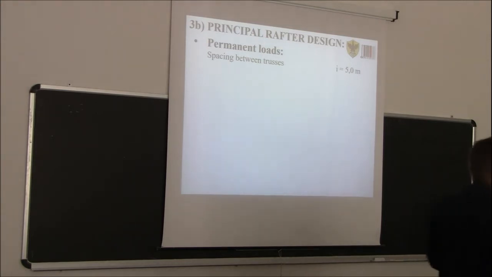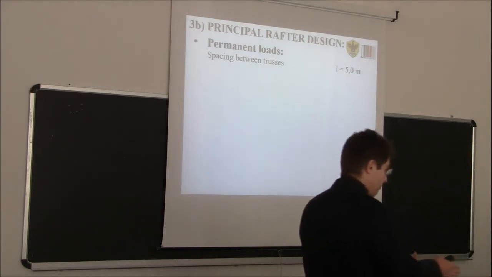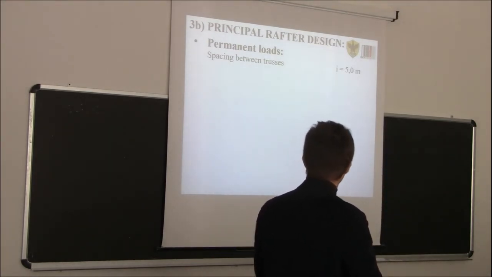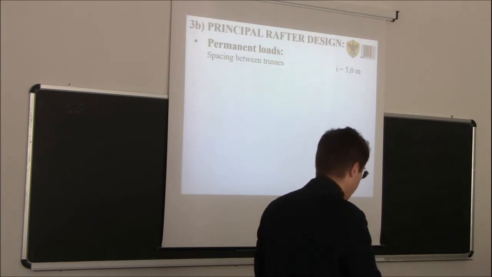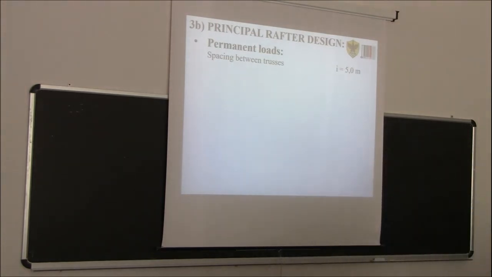And then in order to find out the UDL, the uniform distributed load on the truss itself, what we need to do is multiply this pressure, this load, by what we call the tributary width of the truss. So the tributary width is basically the spacing between the trusses. So the trusses are spaced 5 meters.